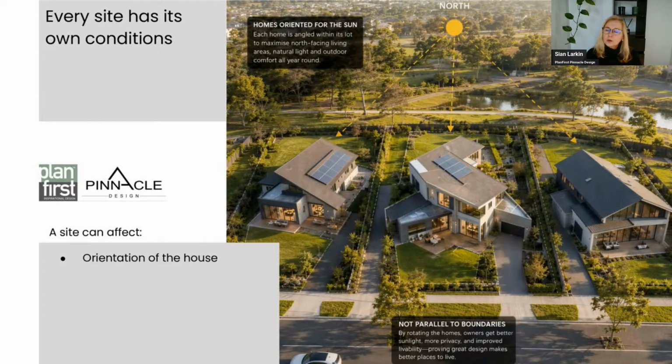Rather turn the house on your site. There's many ways of doing it. If you do have a very small, narrow site, sure, you need to work with what you've got, but you could still orientate the end walls at an angle or the end windows at an angle to maximize the sun that does come in. You also want to stay away from western sun, because that is quite harsh and it does make your house very hot.